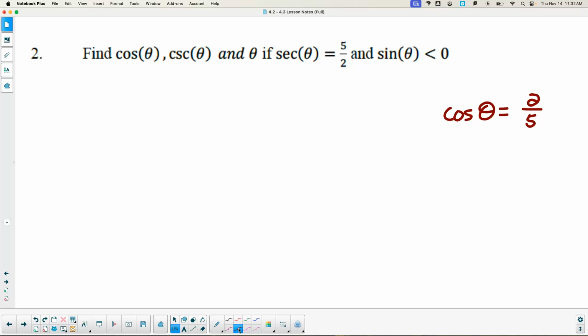Where is cosine positive and sine negative? Quadrant 4. So let's draw ourselves a quadrant 4 triangle. This is going to be actual theta. Oops, I almost put theta prime. This is going to be theta prime because I'm not in quadrant 1.